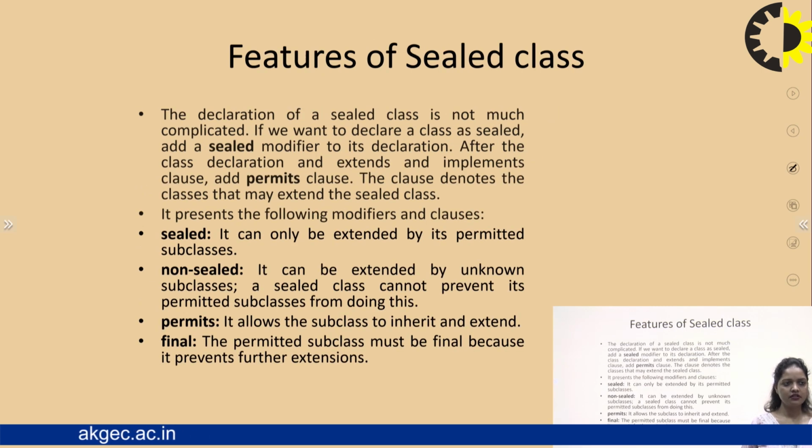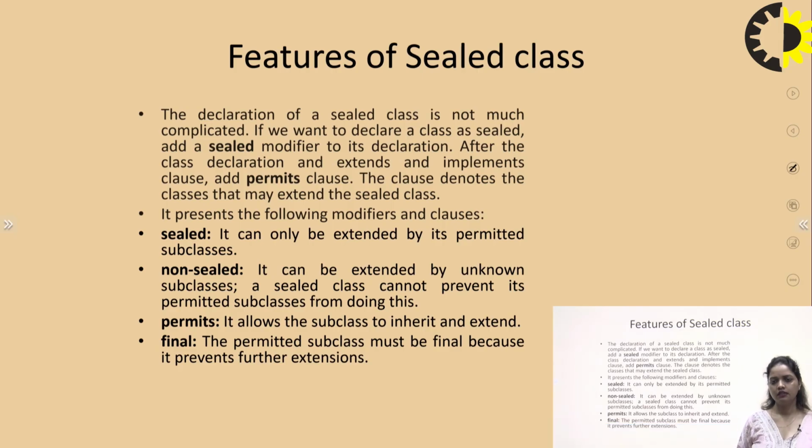So what are the features that will be supported by sealed class, and why is it used? As I told you earlier, for security point of view, we will be giving authority to the parent class to make choices among the selected classes, that they will be its child classes only. No other can extend it. So it will give a permission that it will allow the subclass to inherit.